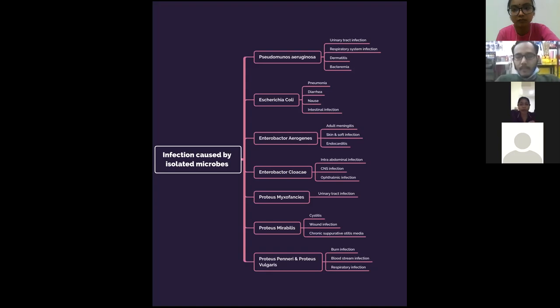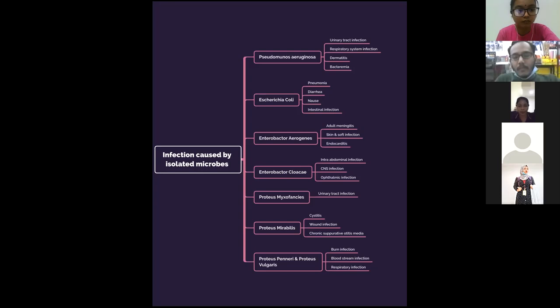The fifth one, Proteus myxofaciens, can cause urinary tract infection, which is the main species that causes infection among Proteus species. The sixth one is Proteus mirabilis, which can cause cystitis, wound infection, and also chronic suppurative infection.